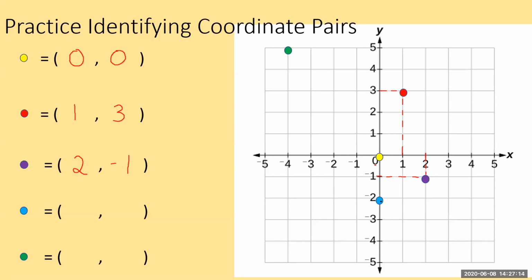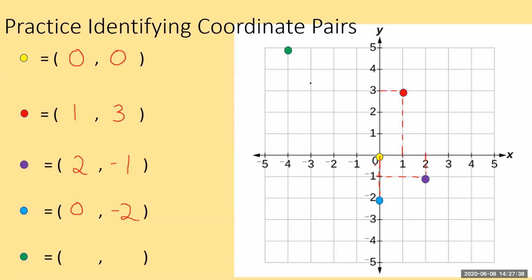Next, we've got this blue point. This blue point is lined up with 0 on the x-axis, and then it is lined up with -2 on the y-axis. So this blue point is at (0, -2).